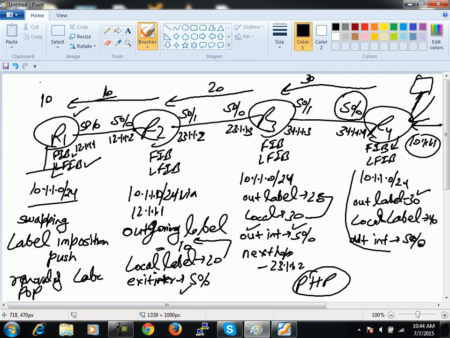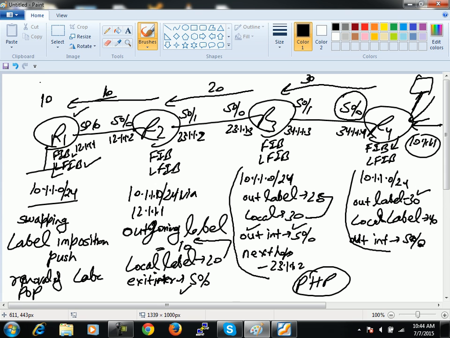Prefix, outgoing label, local label. This is the entry of LFIB. Outgoing interface, next hop address. FIB will also contain the same information, but the problem is FIB does not contain a local label.